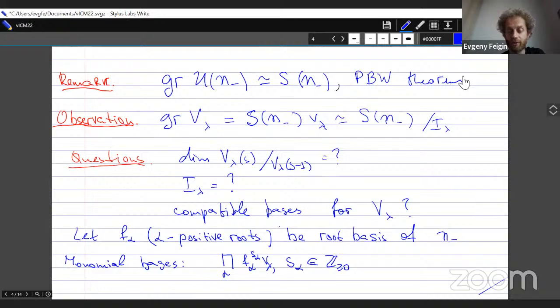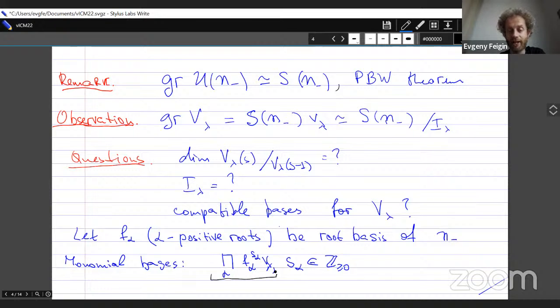However, what's important here is that these products of f_alphas are considered as elements in the symmetric algebra. So therefore, we don't care about the order, and in fact, we only care about the numbers s_alpha themselves.